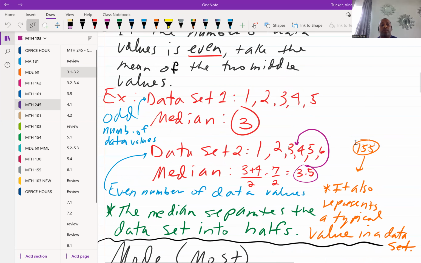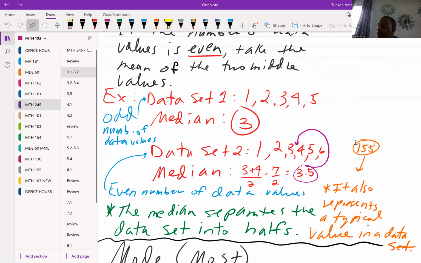All right. So the last two statements in green say the median separates the data set into halves. I mentioned that. And it also represents a typical value in a data set. So you just have these different ways of expressing your data that represent the typical value of your data set. We talked about the mean at first.